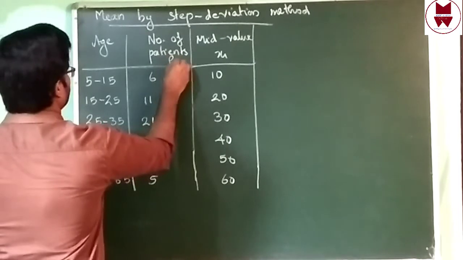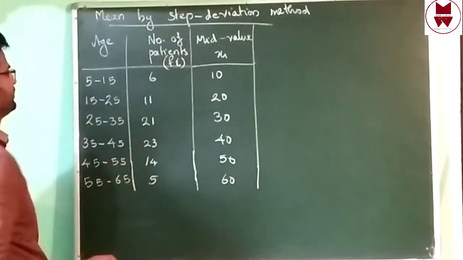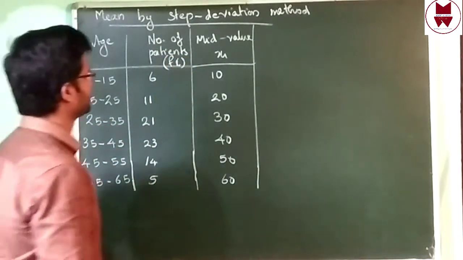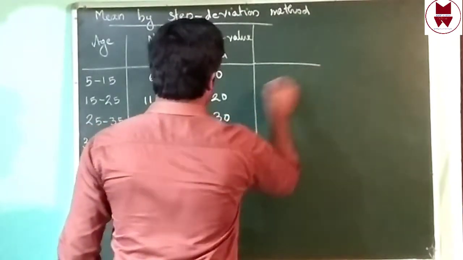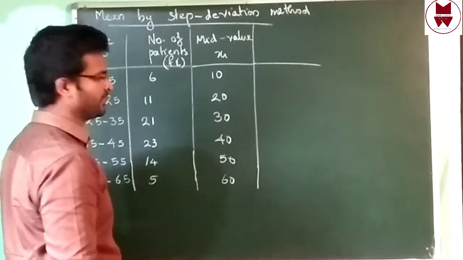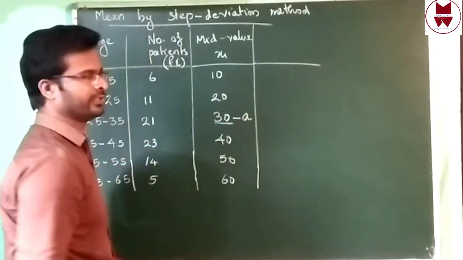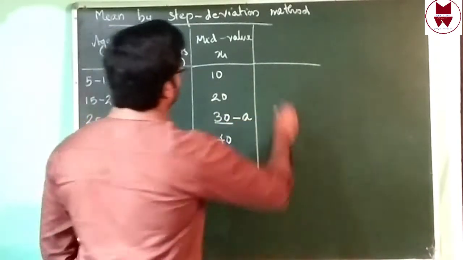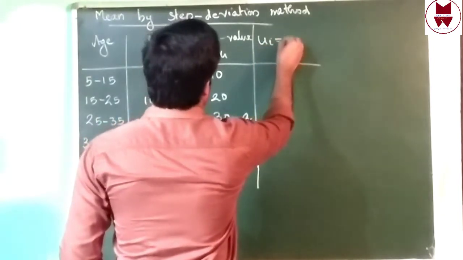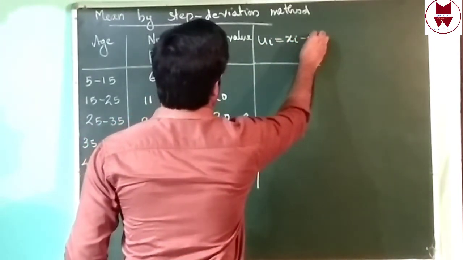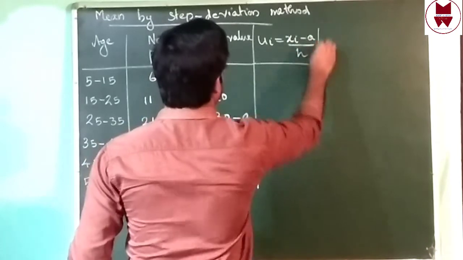This number of patients is the frequency. Next, from here we can take one number as the assumed mean. I am going to take 30 as A. ui we can write as xi minus A divided by h.